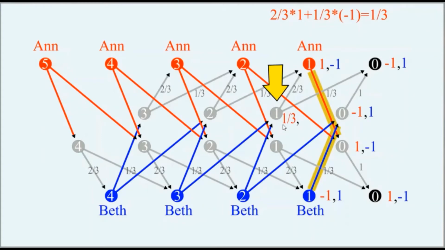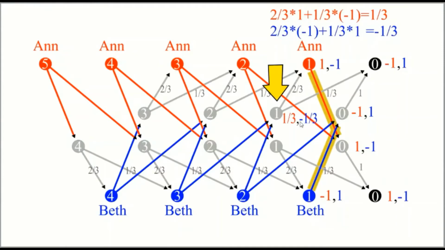We have to do the very same calculation for Baz. You see it here. 2 over 3 times -1 plus 1 over 3 times 1 equals totally negative 1 over 3. So this negative 1 over 3 is a number which goes here.